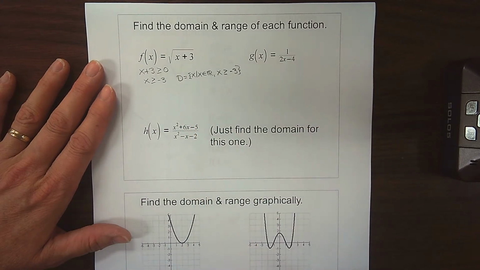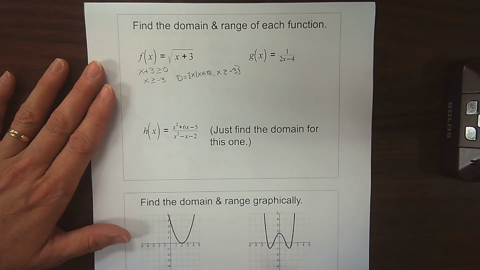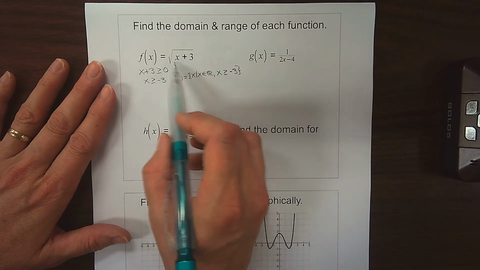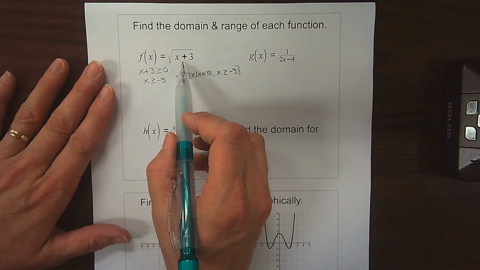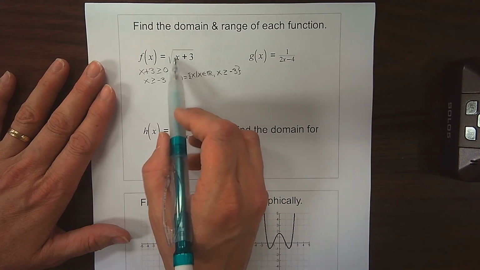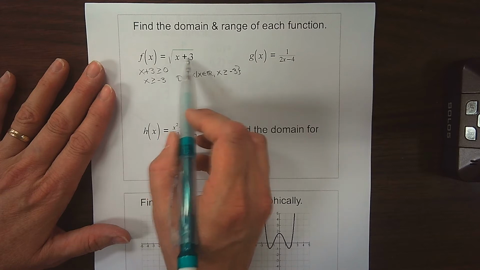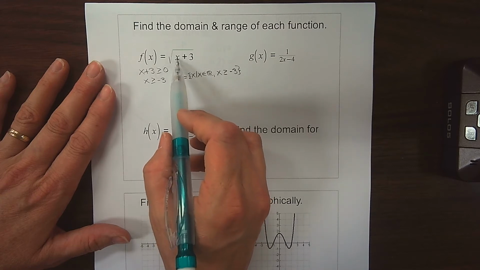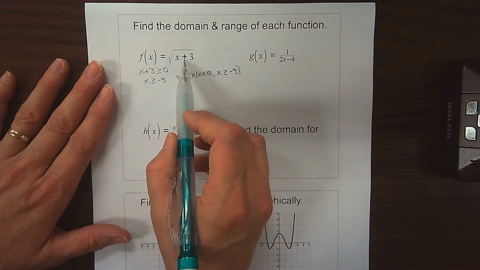There's my domain. How about the range? Well, I want you to consider this. If we were trying to keep what's underneath here from being negative, that means it would have to be 0 or positive. If I put in the negative 3 here exactly, that would give me my output of 0. But anything else that I put in here that's bigger than negative 3 is going to give me a positive output.